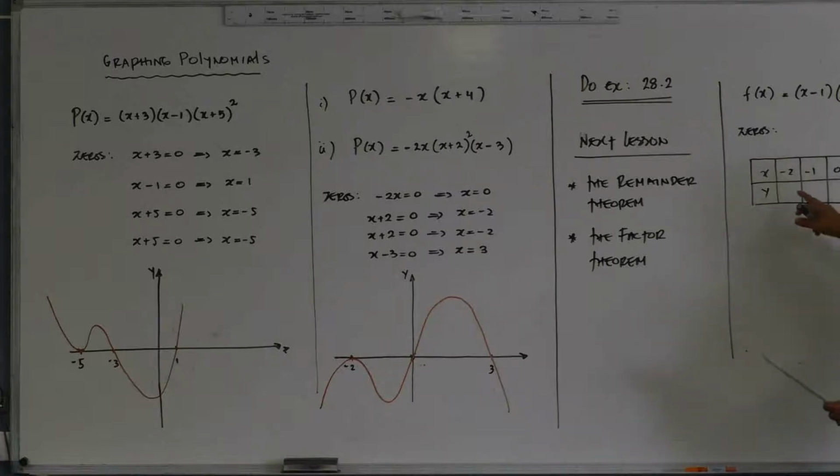Wait, how do you get the y value? Whatever that equals is what the y value will be. So in here you substitute. If you want to find this y value, you substitute x equals negative 2 in here, as we've done all the time when sketching. Put that in your calculator, where x is, put negative 2. Then you're going to find these values, and this together with this will give you a more accurate picture.